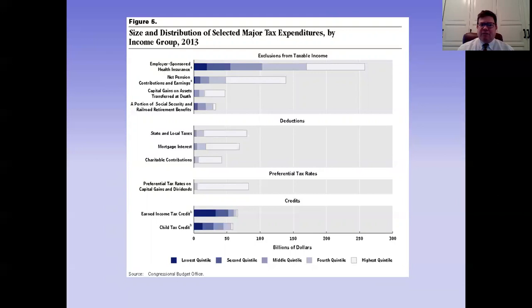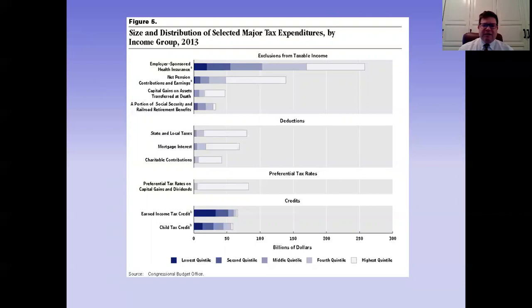Pensions, again, a lot of people that are in working class jobs or in service industries don't get pensions or retirement programs. So that benefits people at the upper end. Capital gains, again, not a lot of people at the bottom end of the economic spectrum have these types of assets.